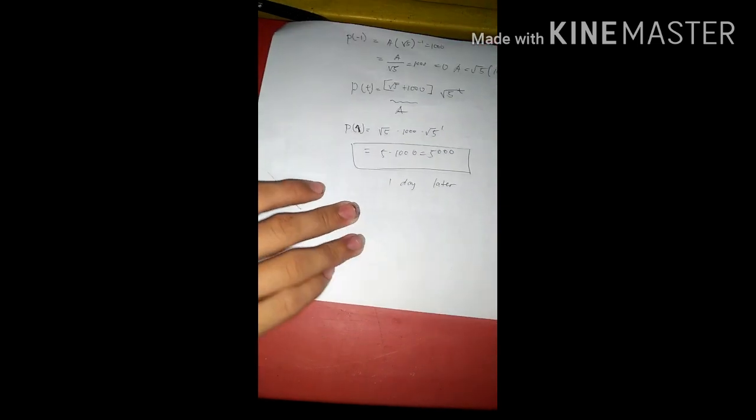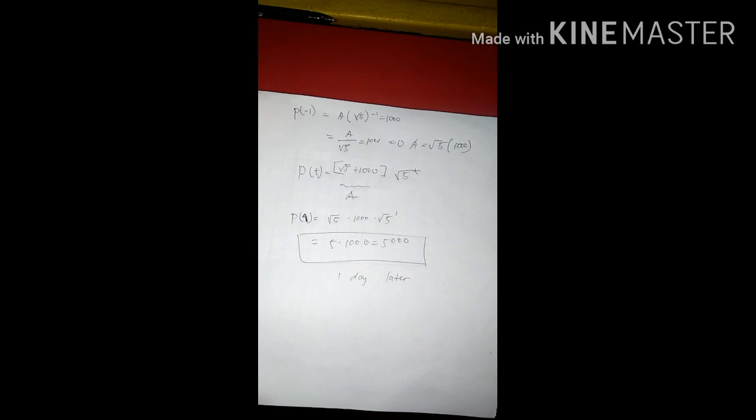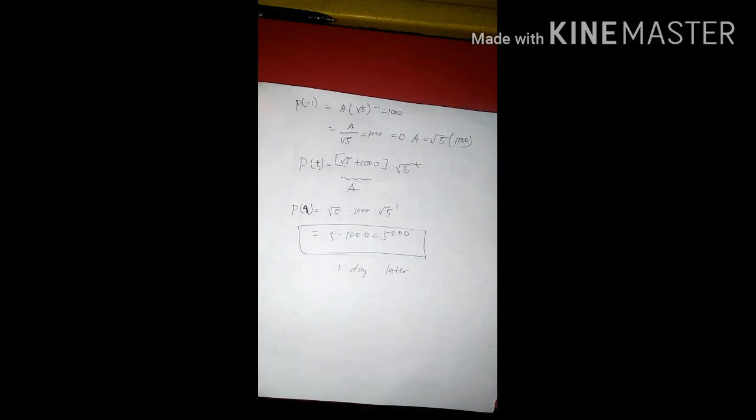And then what I'm going to do now is figure out the initial value. I can use either one of these original equations. Let's use negative 1. We can describe that by a times the square root of 5 to the t.